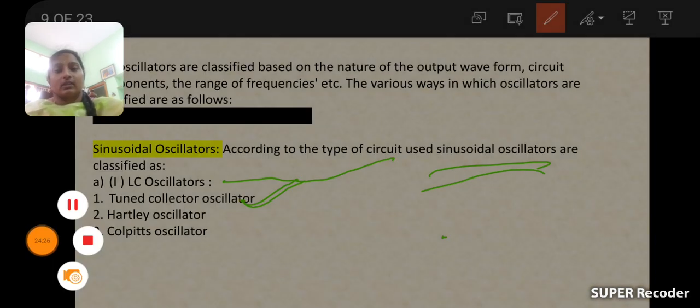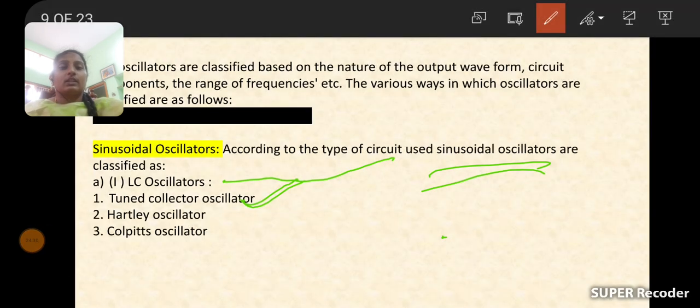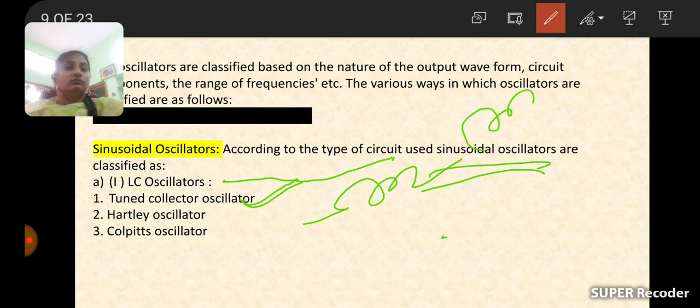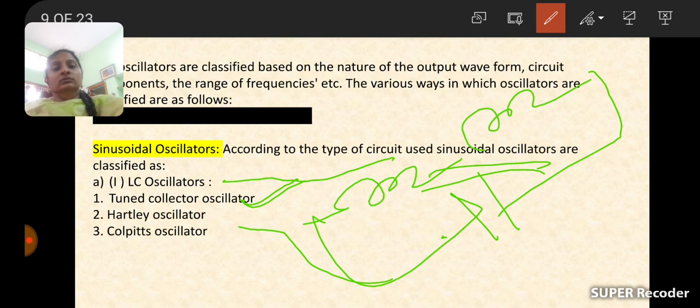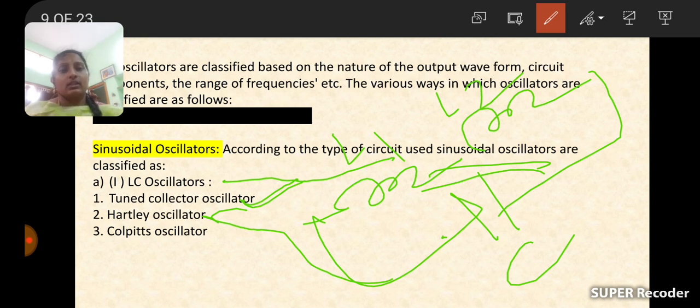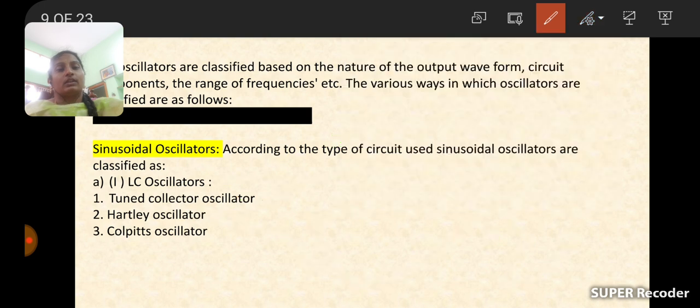If the circuit contains only one inductor and one capacitor, then that is called a single tuned amplifier or oscillator. And if the circuit has two inductors and one capacitor, then the circuit is called a Hartley oscillator. If the tank circuit has two inductors and one capacitor, the circuit is called a Hartley oscillator.